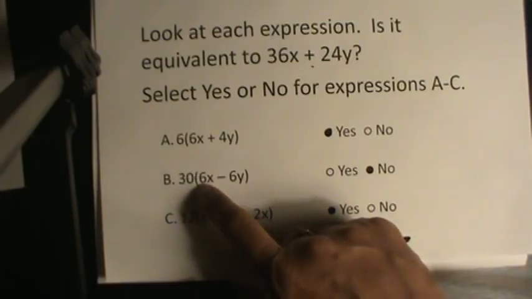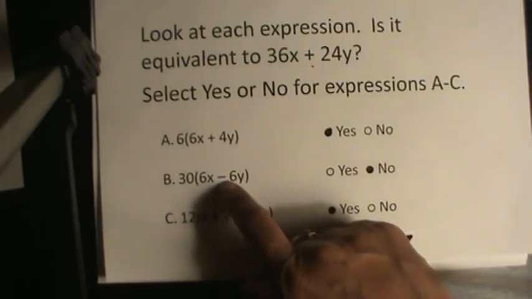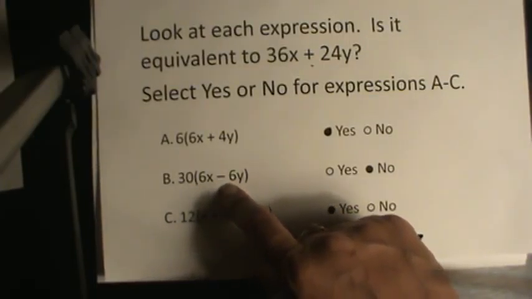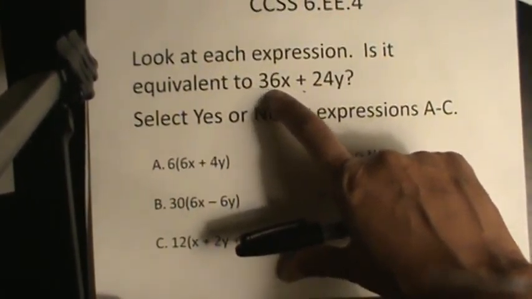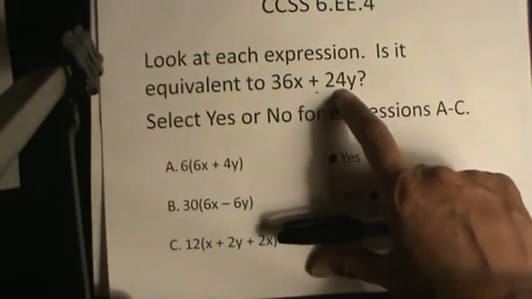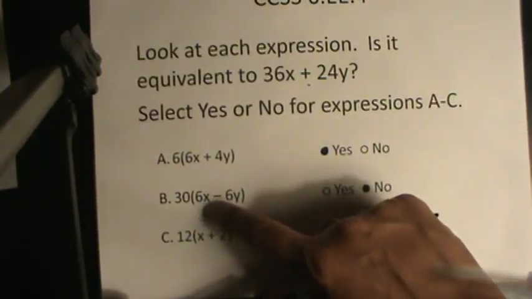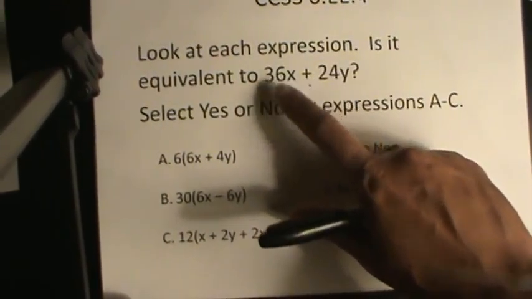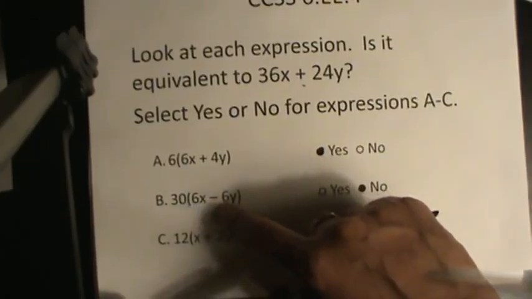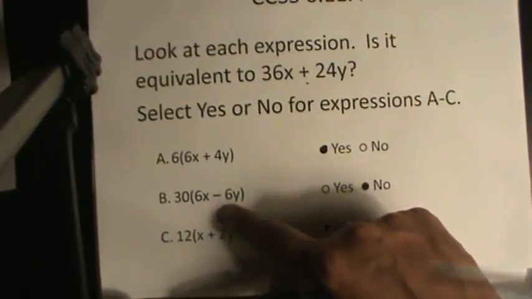If we compare the coefficients within these parentheses, 6 and negative 6, to the coefficients within the final expression, 36 and 24, you can see that in the given expression, both quantities are positive, and in B, one quantity is negative.